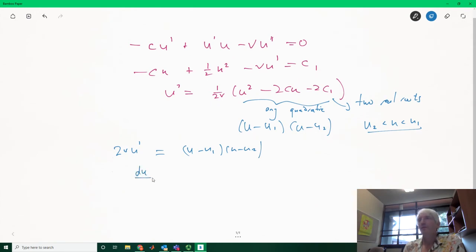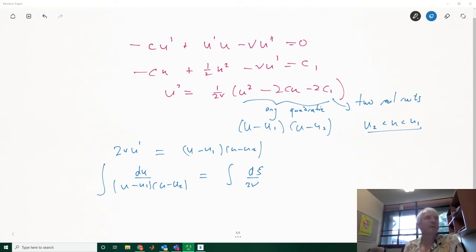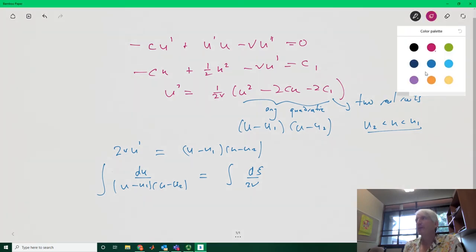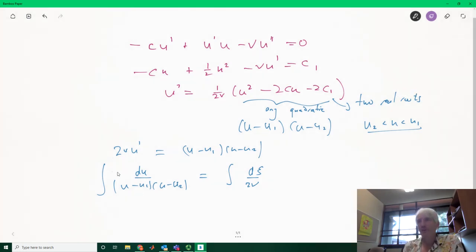We get du over (u minus u1) times (u minus u2) equal to the integral of d zeta over 2 nu. I'm going to pull the solution out of the hat. I'm pretty sure one of the assignment questions should be to solve this equation, to go through the nightmare of working it out: separate, and use partial fractions. It doesn't seem too much of a nightmare actually.